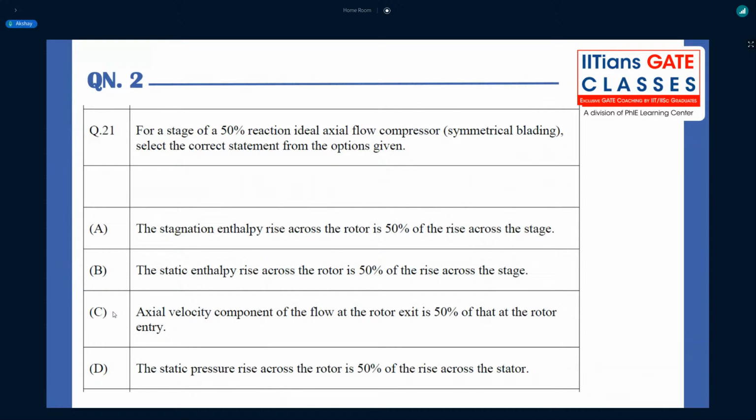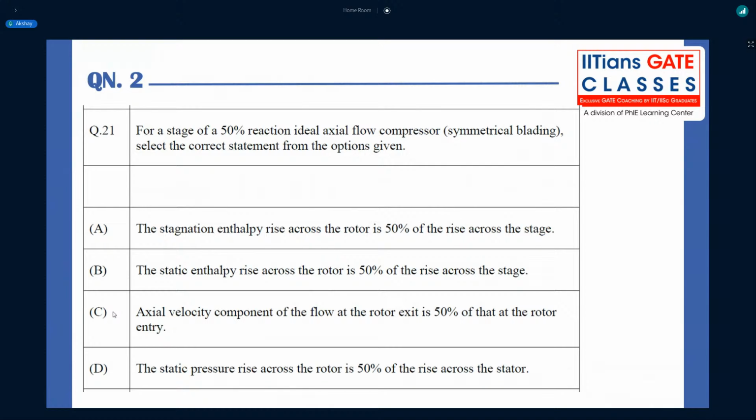Option B: the static enthalpy rise across the rotor is 50% of the rise across the stage. Option C: axial velocity component of the flow at the rotor exit is 50% of that at the rotor entry. Option D: the static pressure rise across the rotor is 50% of the rise across the stator.